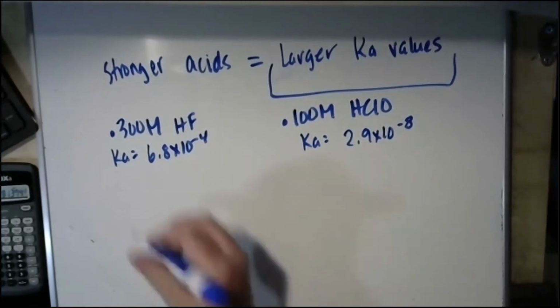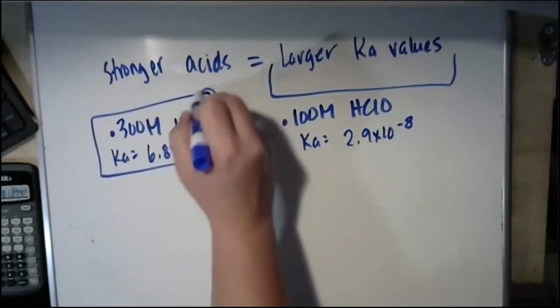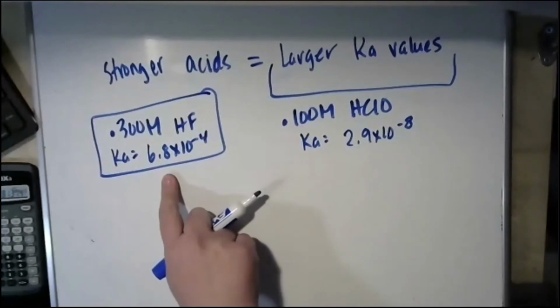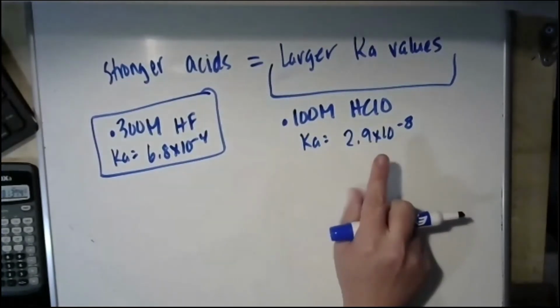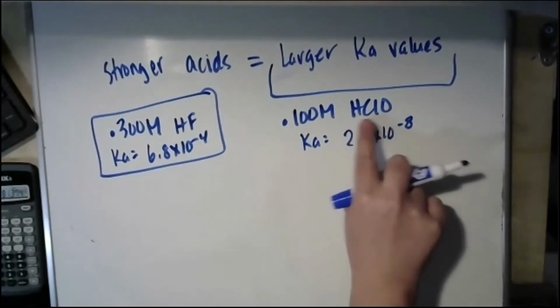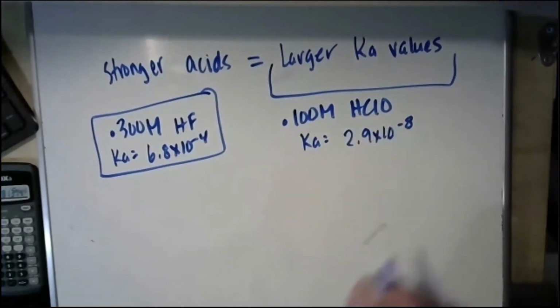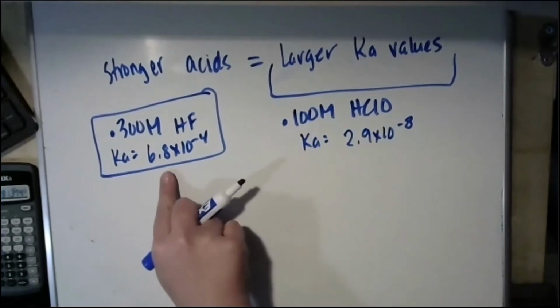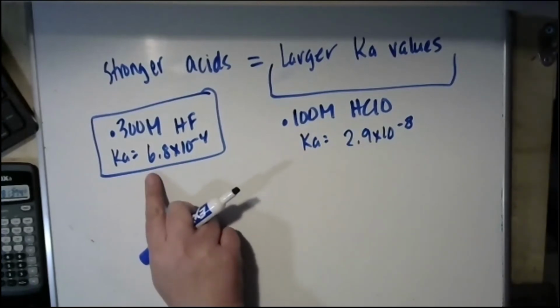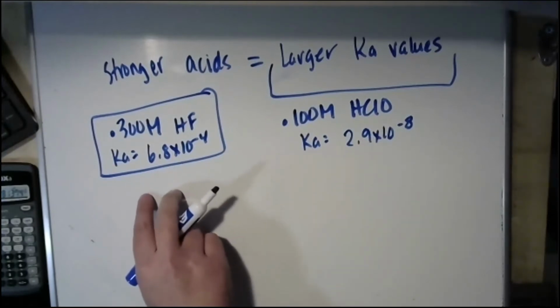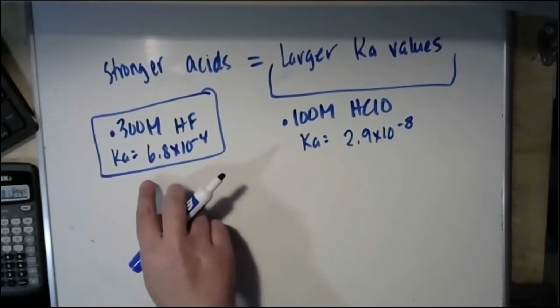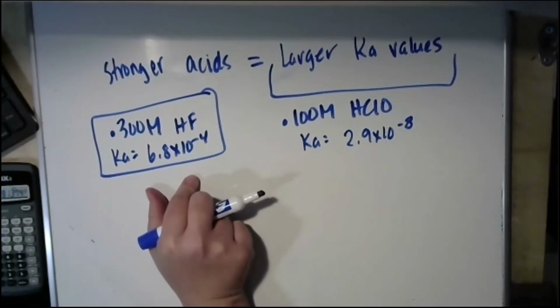So this equilibrium is going to determine the pH of our overall solution, because whatever hydrogen ions are released from the HClO, it's going to be such a small amount compared to the hydrogen ions released from the HF that it's not going to even change our calculation. So we can base our entire calculation off of this dissociation here.